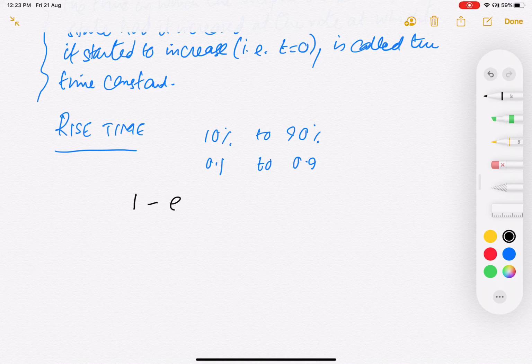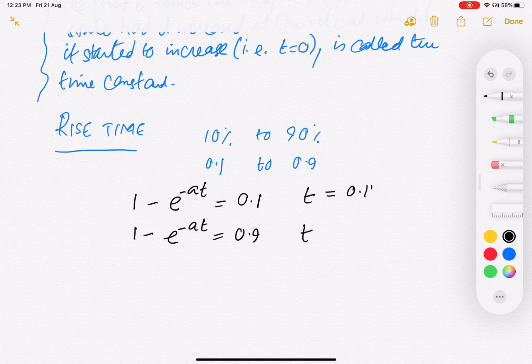1 minus e to the power minus at equal to 0.1, right? Finding the value for t here, and similarly equating 1 minus e to the power minus at to 0.9, finding the value for t. In this case, t is equal to 0.11 by a, and in this case t would be equal to 2.31 by a, and then you can subtract these two values.